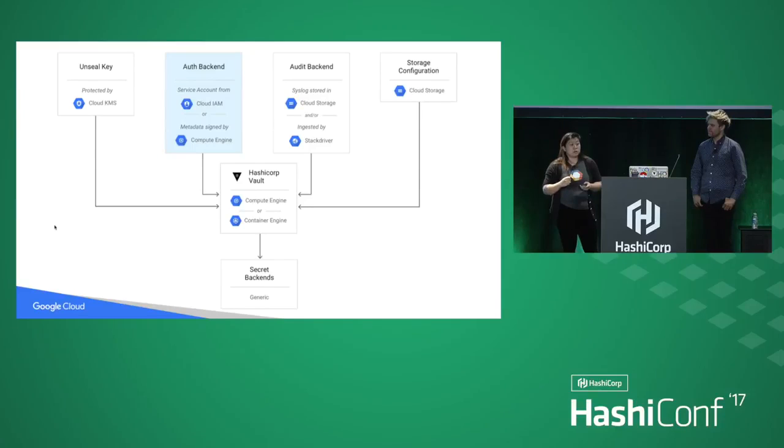The second one allows you to authenticate Google Compute Engine instances using what's called an instance identity metadata JWT to authenticate to Vault. And so that feature was in beta, but it's actually being launched today, I think so, yeah. They were originally supposed to do end of month, but they're like, hey, it's out, so go play. In both cases, you're having GCP sign something to provide identity to Vault.